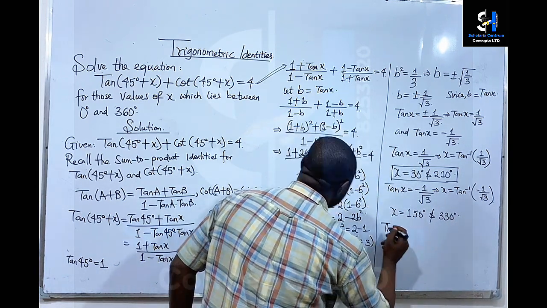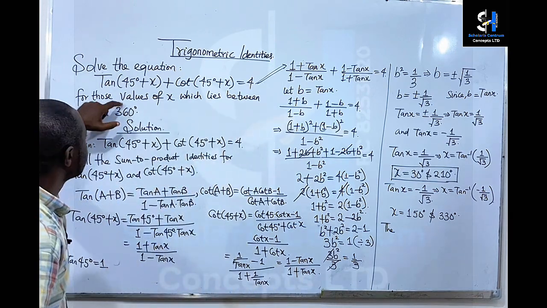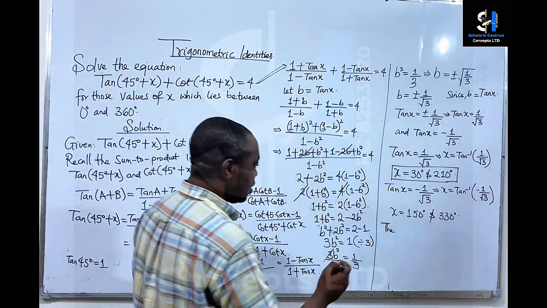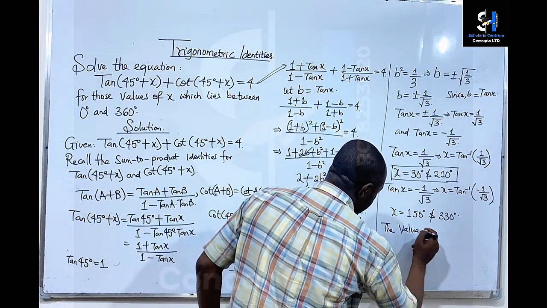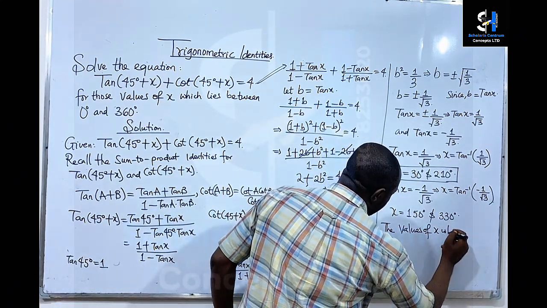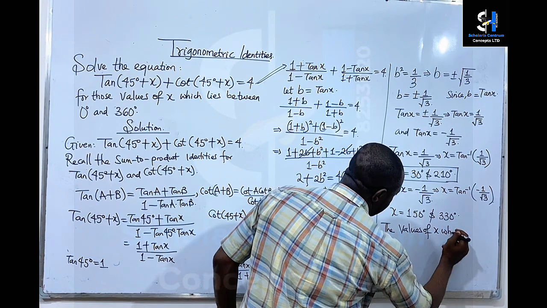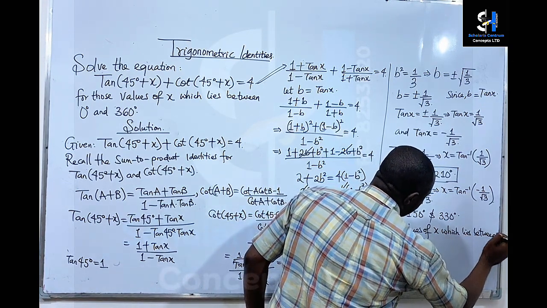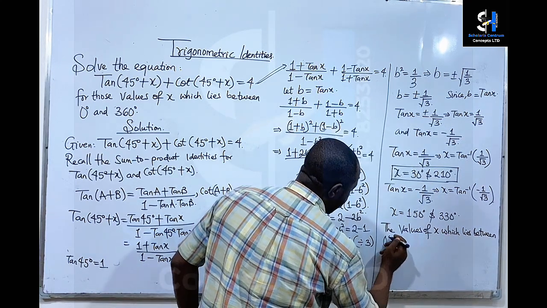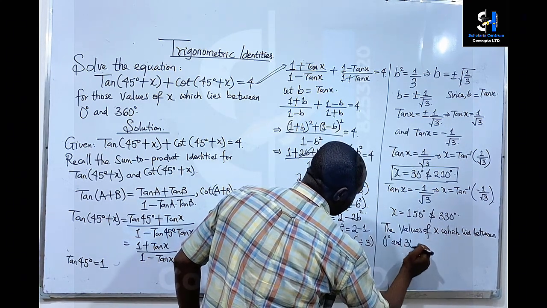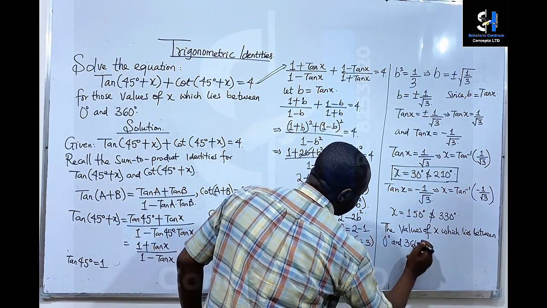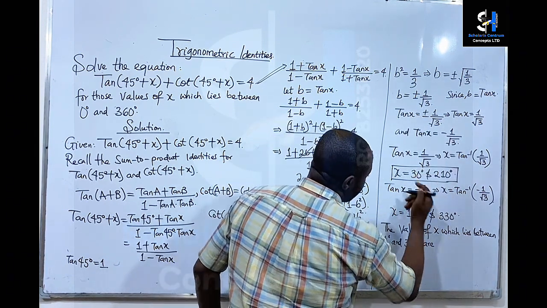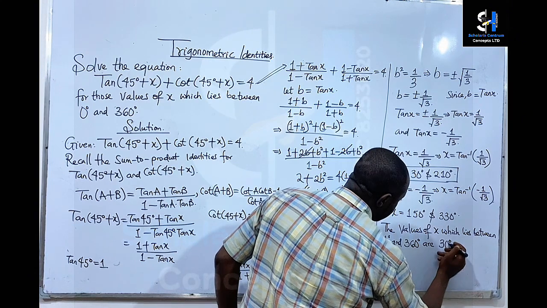So according to the question, the values of x which lie between 0 degrees and 360 degrees are, the first value we got here is 30 degrees.